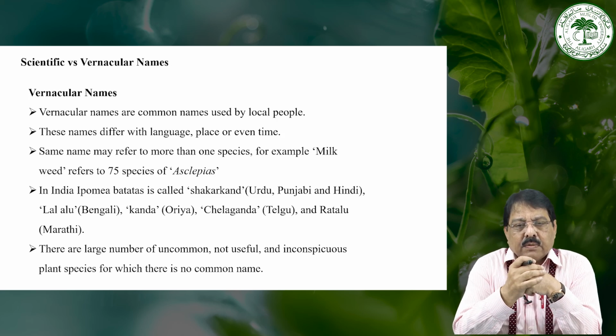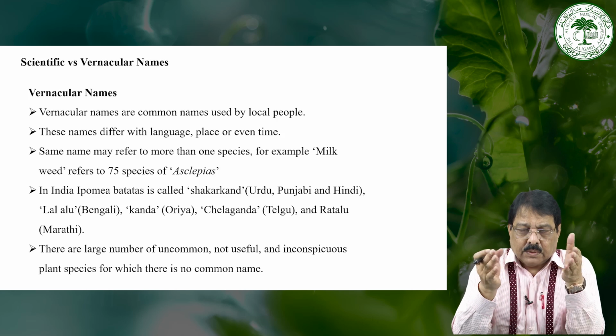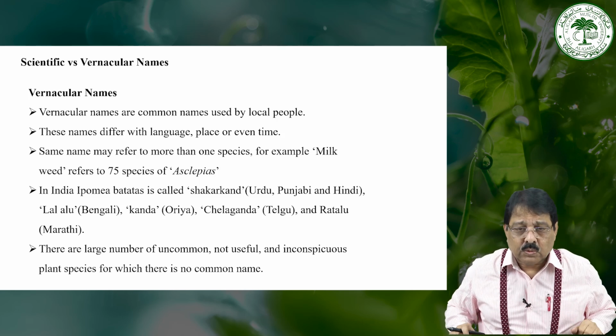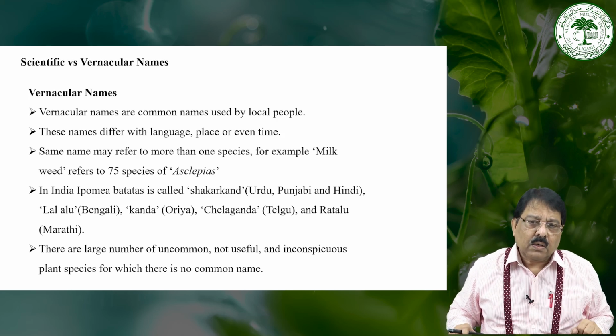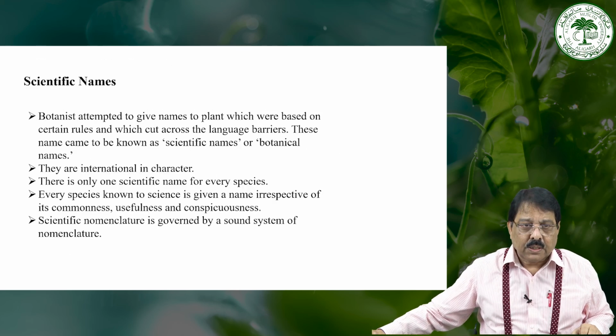That's why there was a need for certain rules for giving names to plants. From 200 BC up to Bauhin in 1623, they used two words, but all were lacking the concept of genus and species.